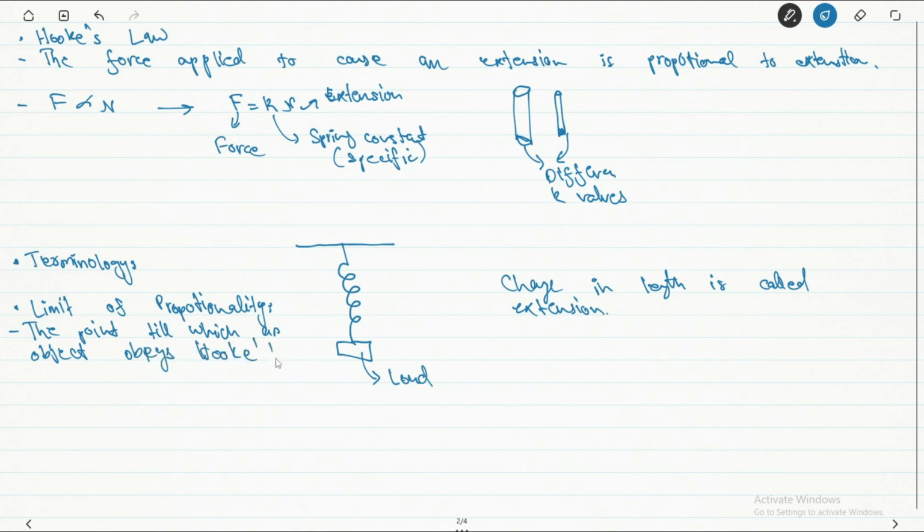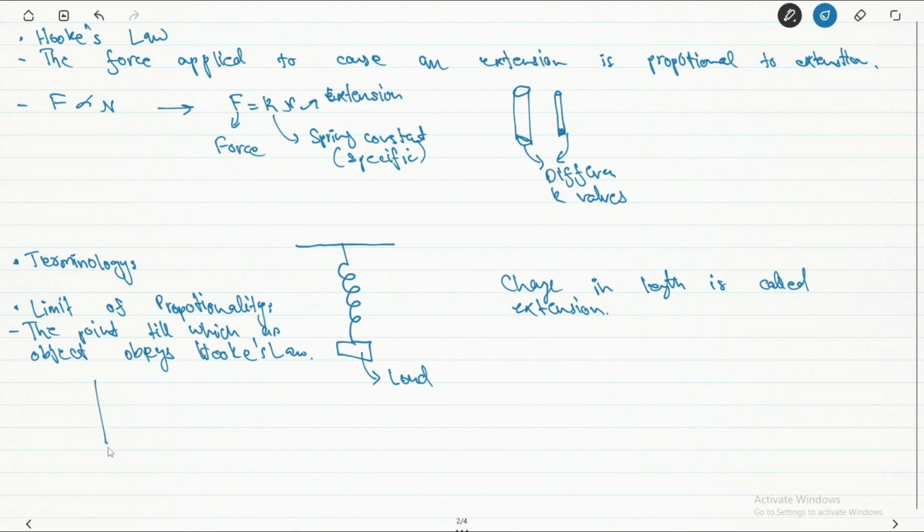Now, Hooke's law, although very easy to understand, is not absolute, right? You probably have seen that extending a spring too much just breaks the spring down, and the spring can easily get extended after a certain point. So the point till which an object obeys this law, where F is equal to kx, is called limit of proportionality.